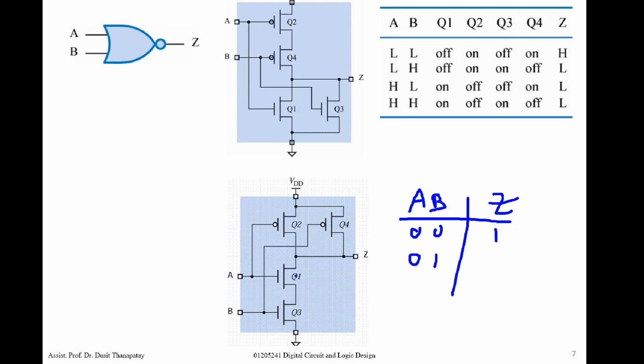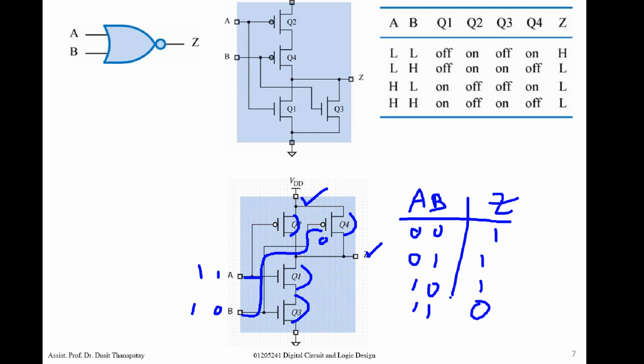When you consider this one, you see that this one turns on, so the output becomes high. For 1, 0, A is 1, B is 0, that means this is 0, then this one turns on. So the output connects to VDD, then becomes high. And when you apply 1, 1, this one turns on, this one turns on, both on, and then it connects to ground. Then the output becomes 0 for the input 1, 1.